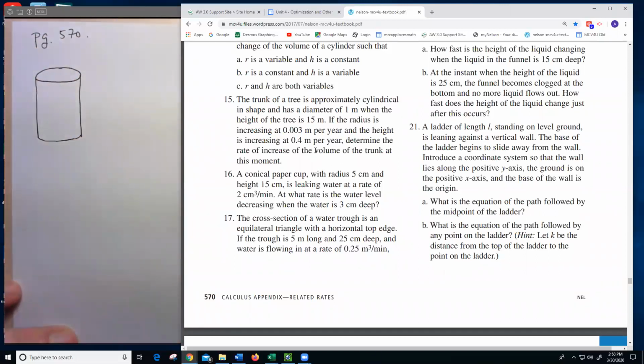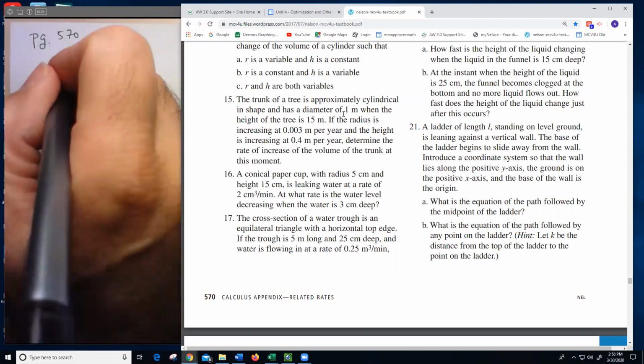Okay. I don't want to input these values here of 1 meter and 15 meters because this is not a constant value. This is at one particular moment in time that the dimensions have these numerical values.